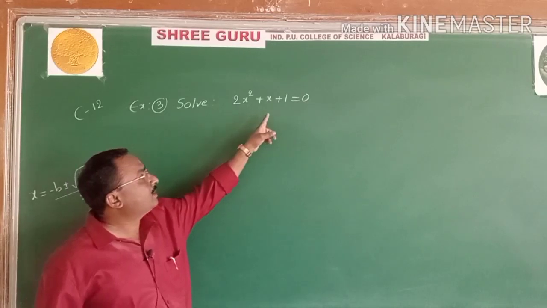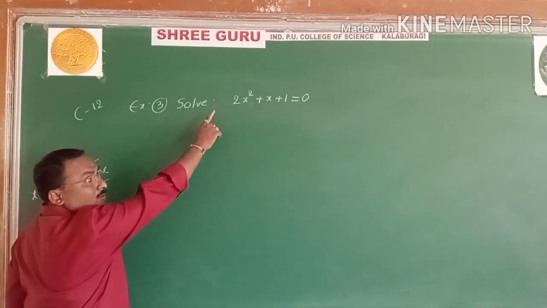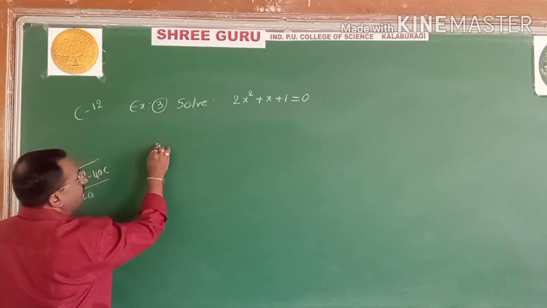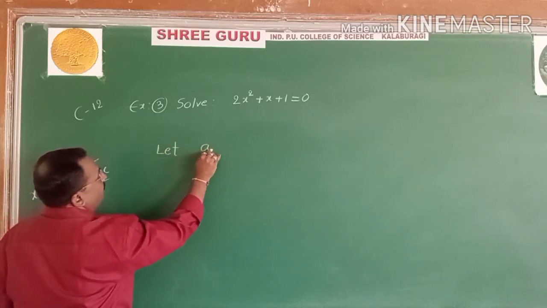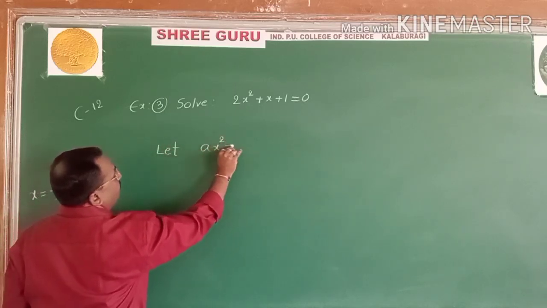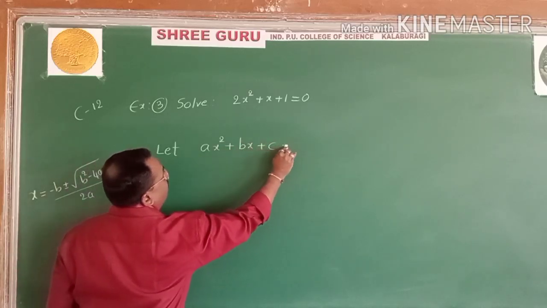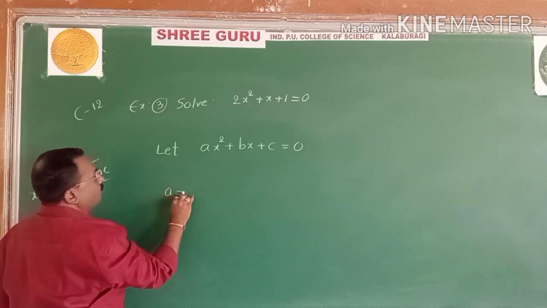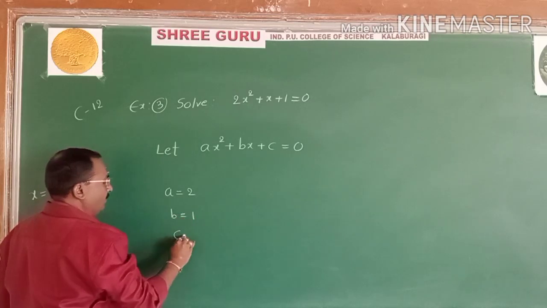Solve 2x square plus x plus 1 is equal to 0. This is a quadratic equation in non-factorizable form. This is in the form of what? Let ax square plus bx plus c is equal to 0, where a is what? 2, b is 1, c value is what? 1.